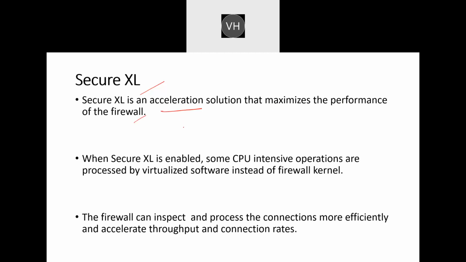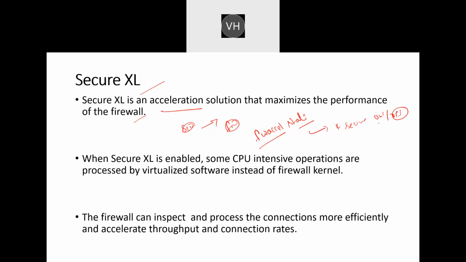To turn on SecureXL, we log into the gateway and type the command fw accel state. It will show whether SecureXL is on or off.